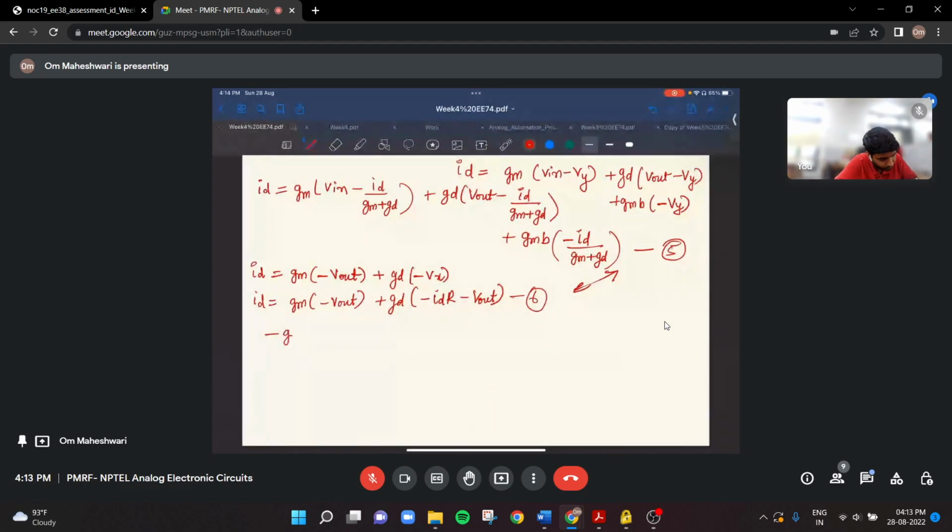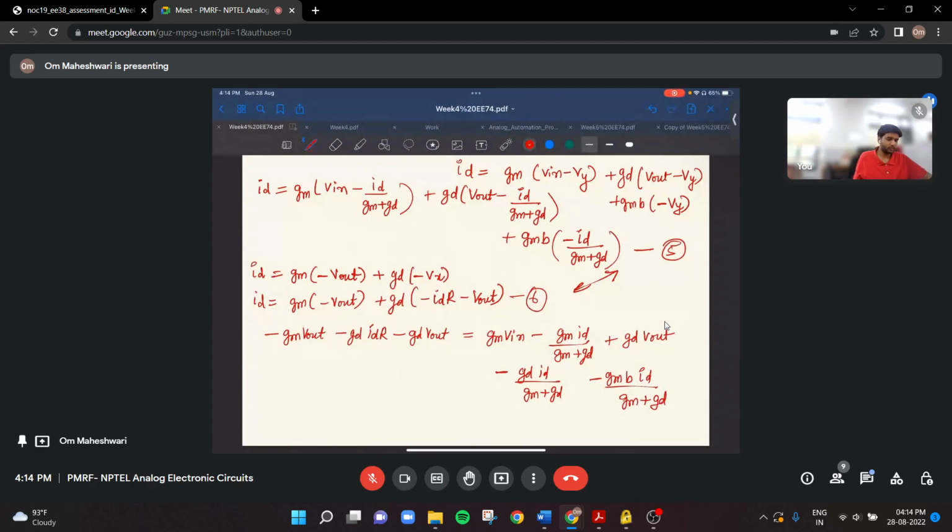So minus GM V out minus GD IDR minus GD V out equals GM V in minus GM ID by (GM plus GD) plus GD V out minus GD ID by (GM plus GD) plus GMB times minus ID by (GM plus GD).